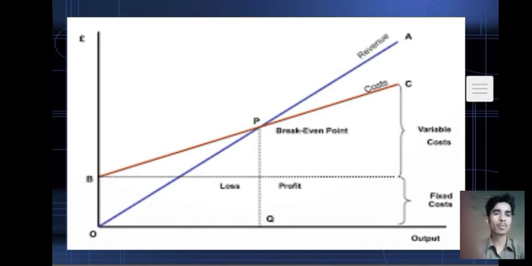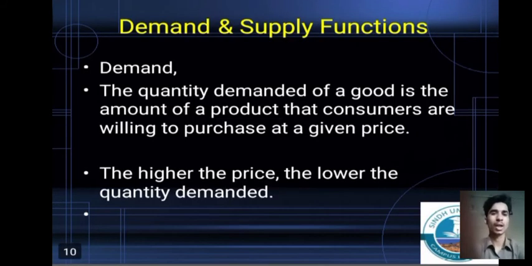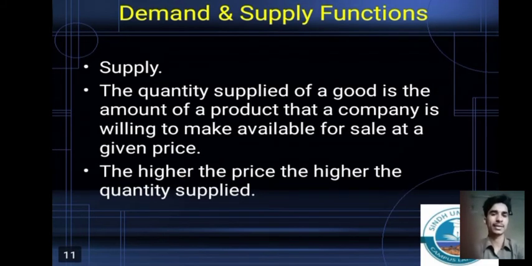There is a shape on the PowerPoint. There is no profit and no loss. This is called the break-even point. Demand and supply functions. Demand: the quantity demanded of a good is the amount of a product that consumers are willing to purchase at a given price. The higher the price, the lower the quantity demanded.